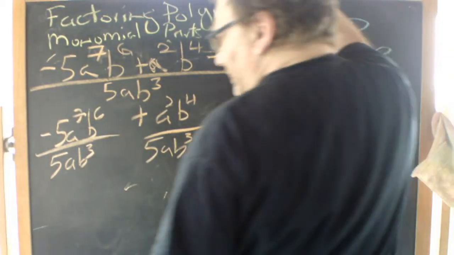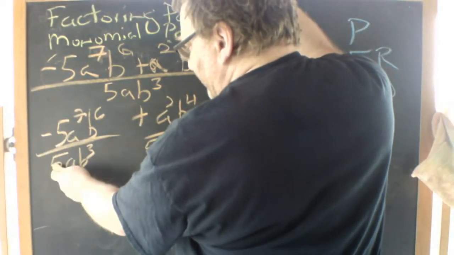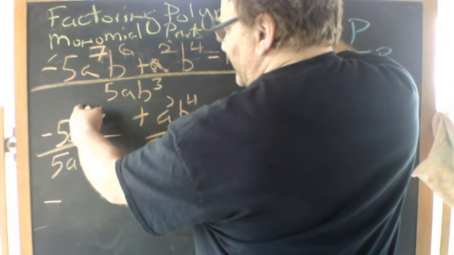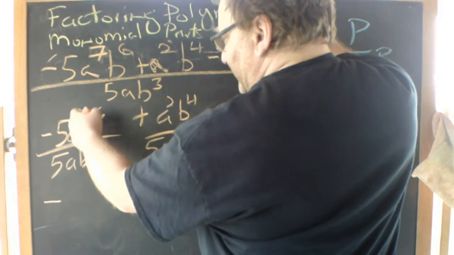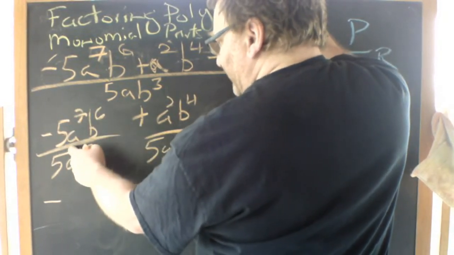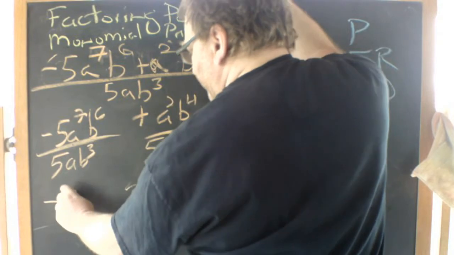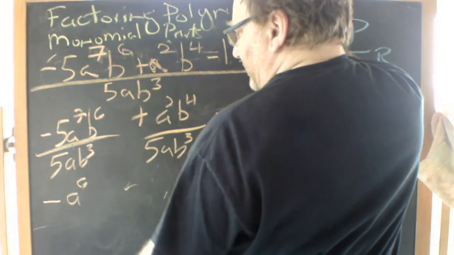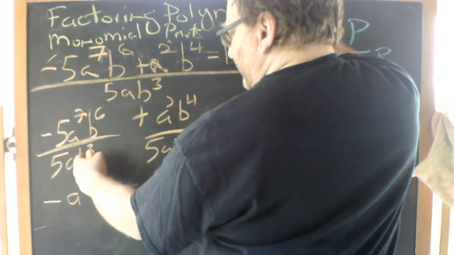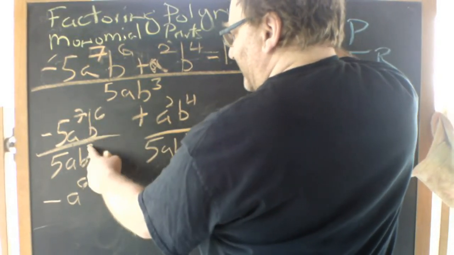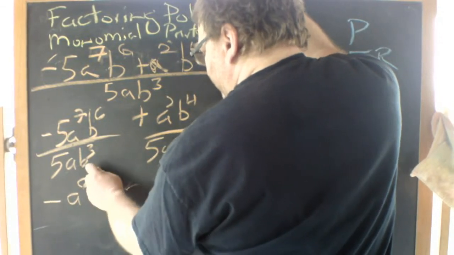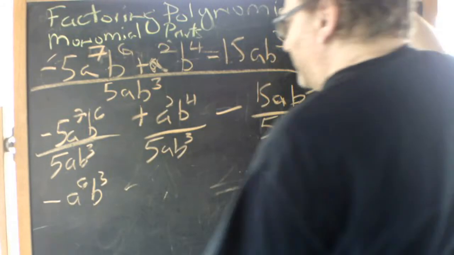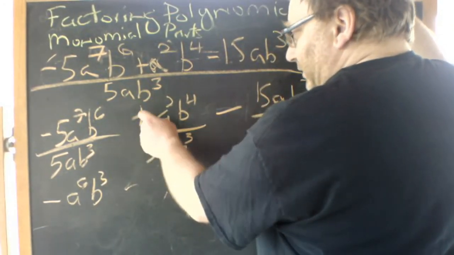Again, focusing on term by term, 5 divided by 5 is 1. So again, negative sign out front. a to the 7th divided by a to the 1st, so 7 minus 1 is a to the 6th. B to the 6th divided by b cubed, 6 minus 3 is b cubed. My numbers, well, I have an invisible 1 here.